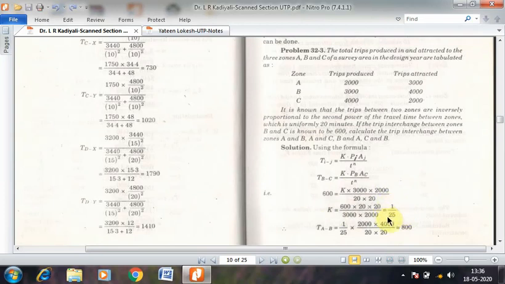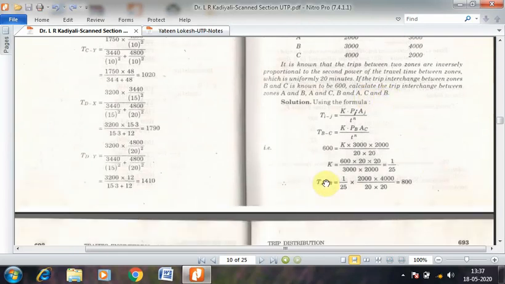Now when you know the value of k, you can easily start solving the problem to find the trip interchange between A and B, A and C, B and A, and then C and B. Let's begin with A and B first. You will use this equation here. So capital T_AB is equal to the value of k, multiplied by P_i.